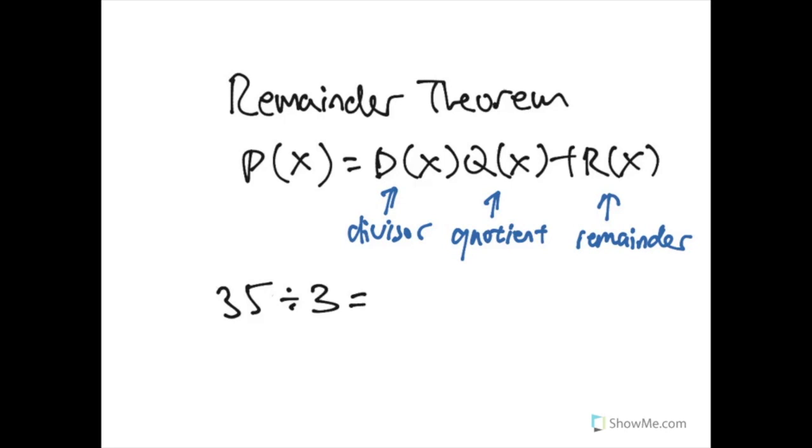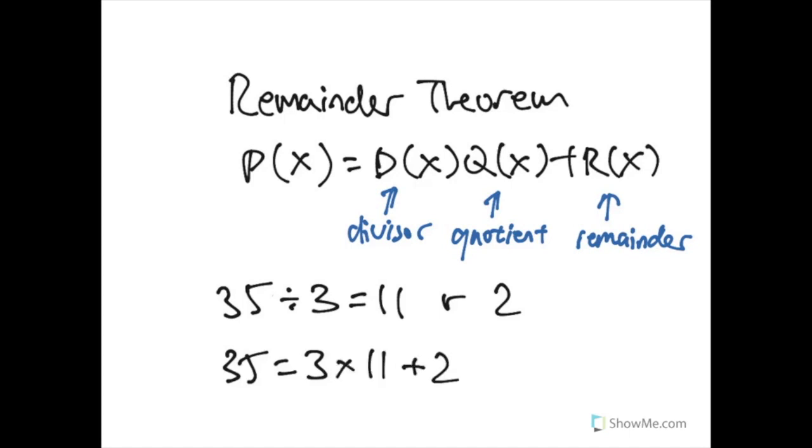Well, when we first learn division, we see that this is equal to 11 remainder 2. But there's another way to write this that does not involve this weird symbol r. We can write it as 35 is equal to 3 times 11 plus 2. So 2 is the remainder here, 3 is the divisor, and 11 is the quotient.